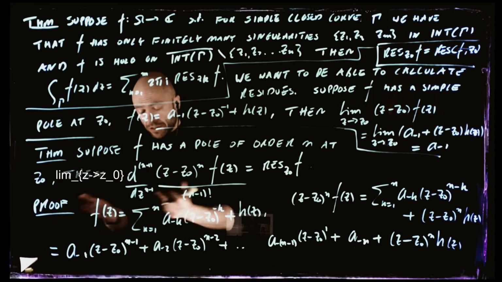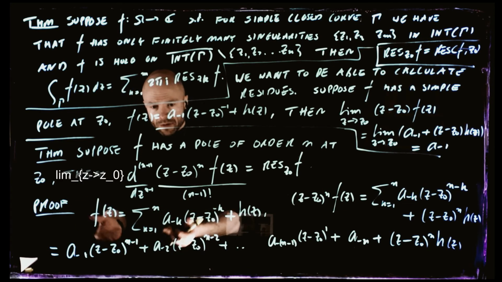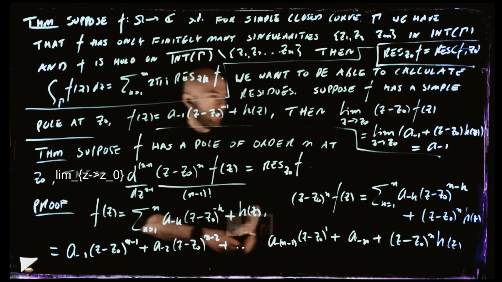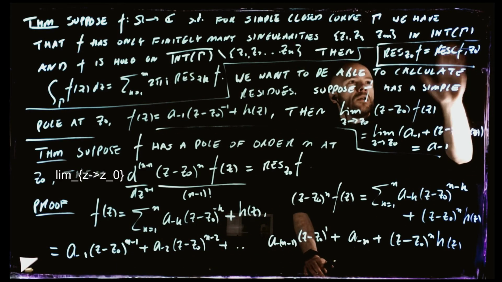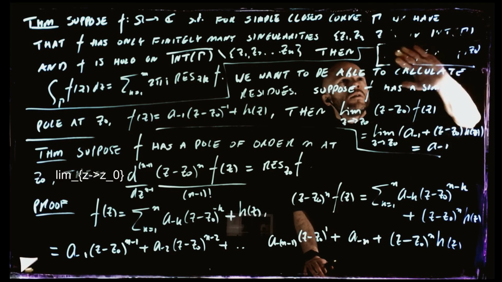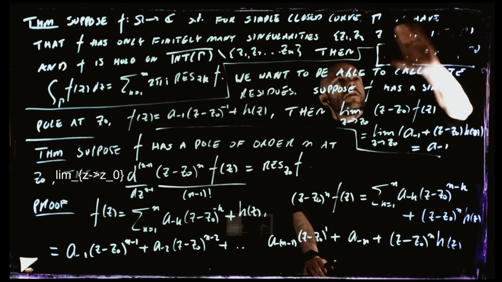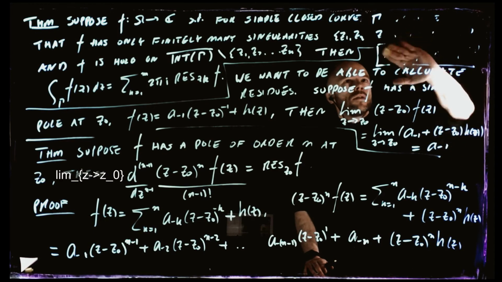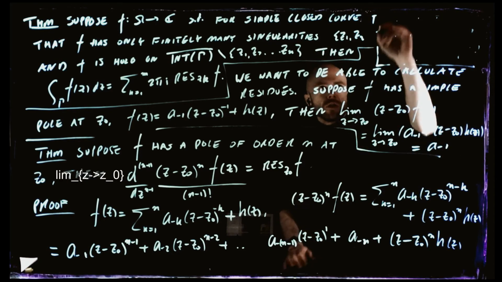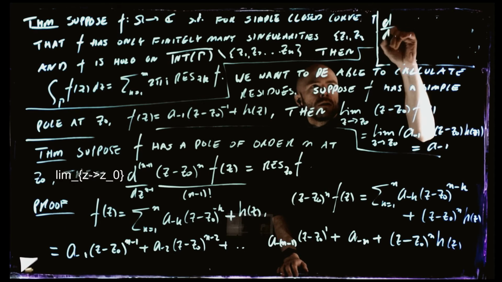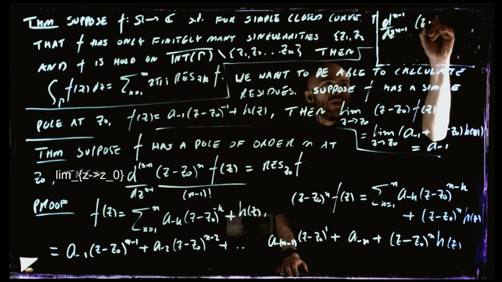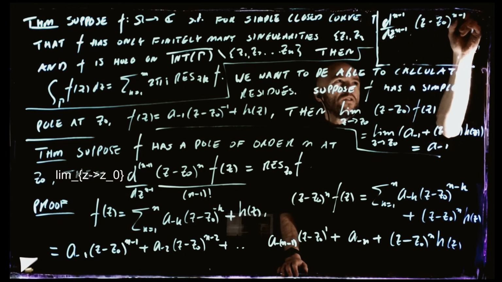And then if we differentiate n minus n times, what happens to it in the end? What does it turn into? So we're going to differentiate this thing, z minus z0 to the n minus 1.